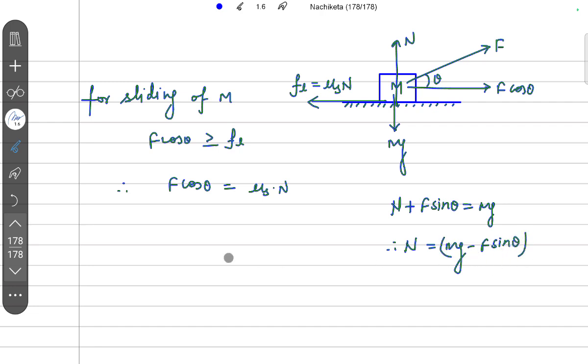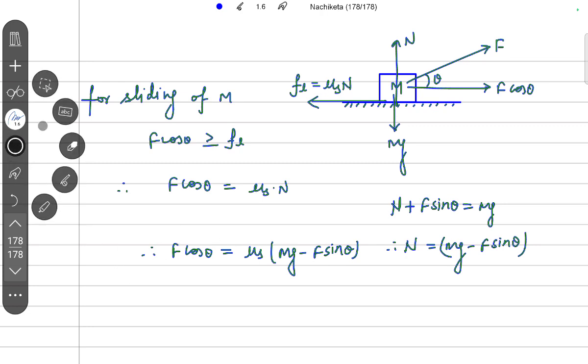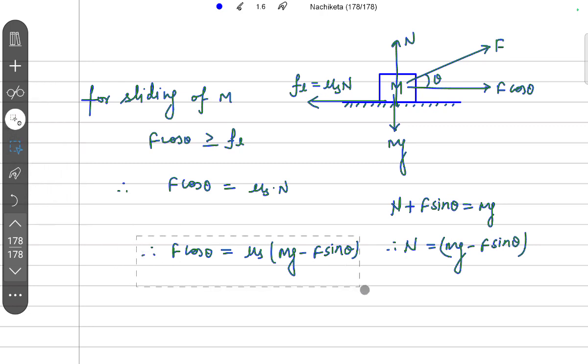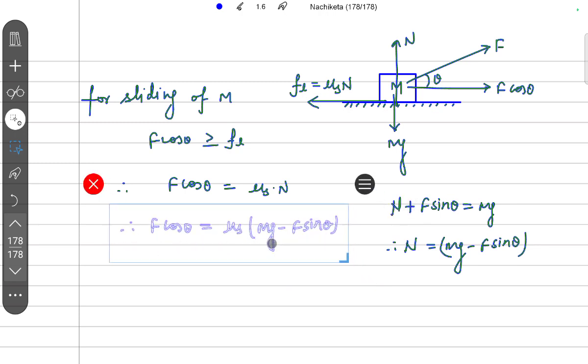Is it okay? So can you find out F now in terms of theta?